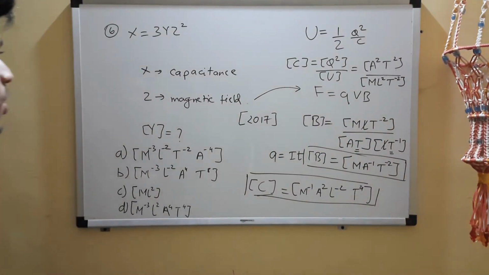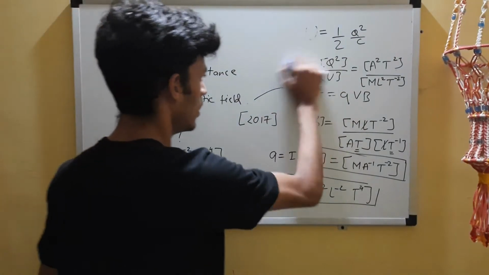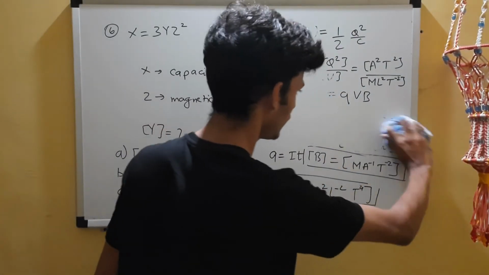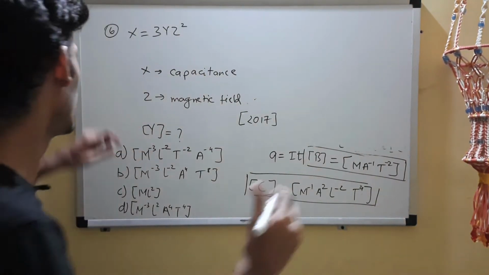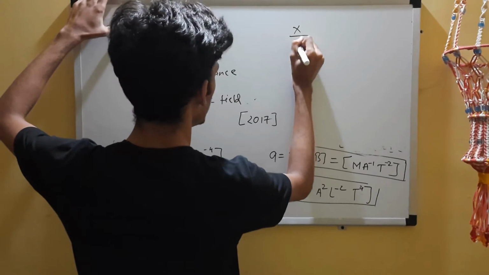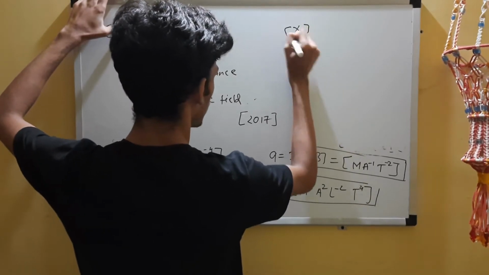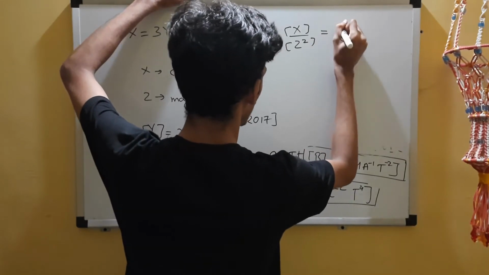So let's substitute that in this, and let's find the dimensions of Y. This was a good one. So we have to find the dimensions of Y, x upon z square. 3 is of no significance.